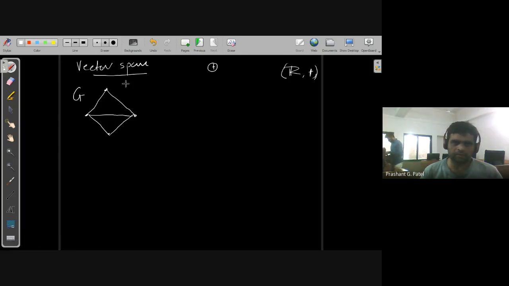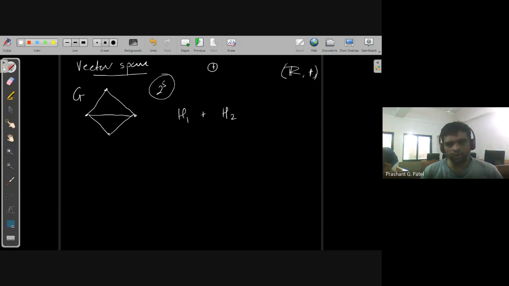So how many subgraphs are possible for this graph? 2 raised to 5 subgraphs are possible here. The ring sum operation between 2 subgraphs: now what we are doing is finding an operation between two. There is one graph H1 and another graph H2.